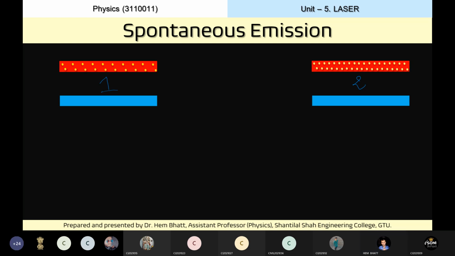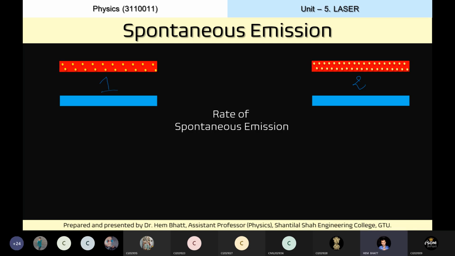2. Reason? Why more in 2? Because there are more atoms in the high state. Yes. So what does the rate of spontaneous emission depend on?